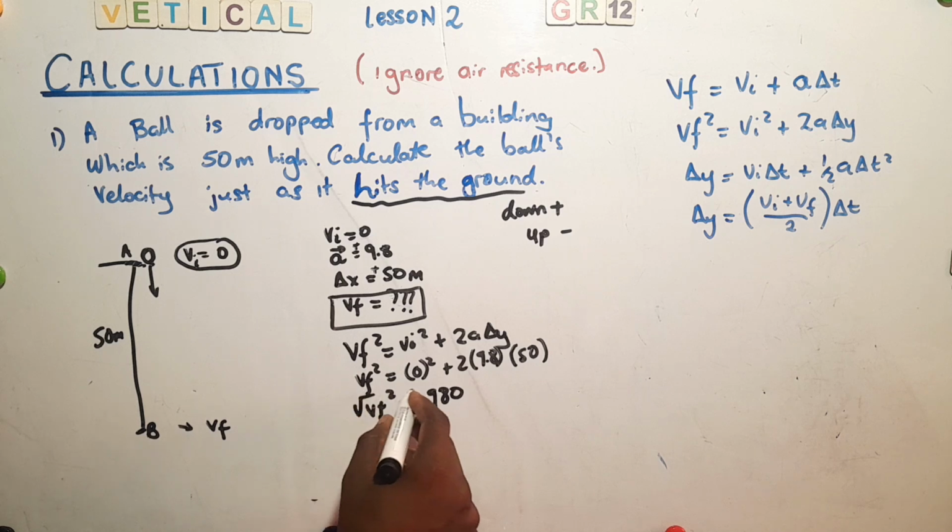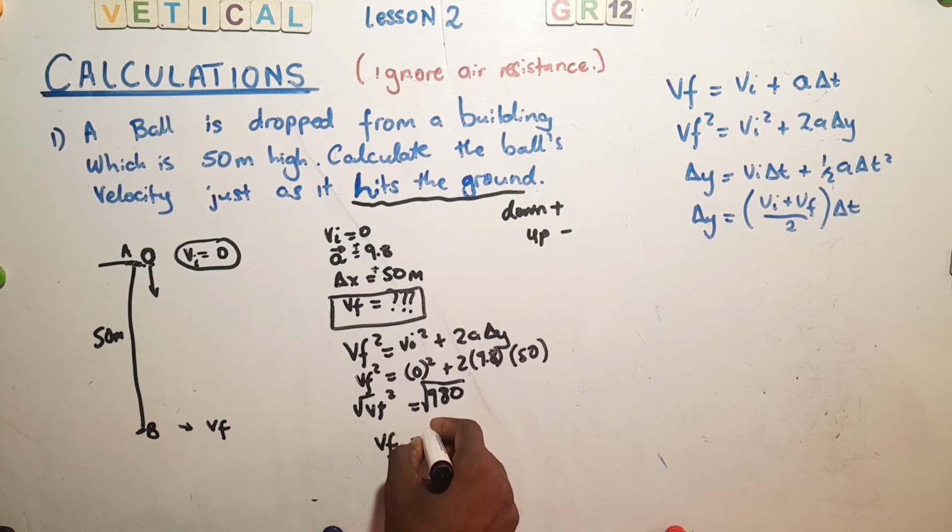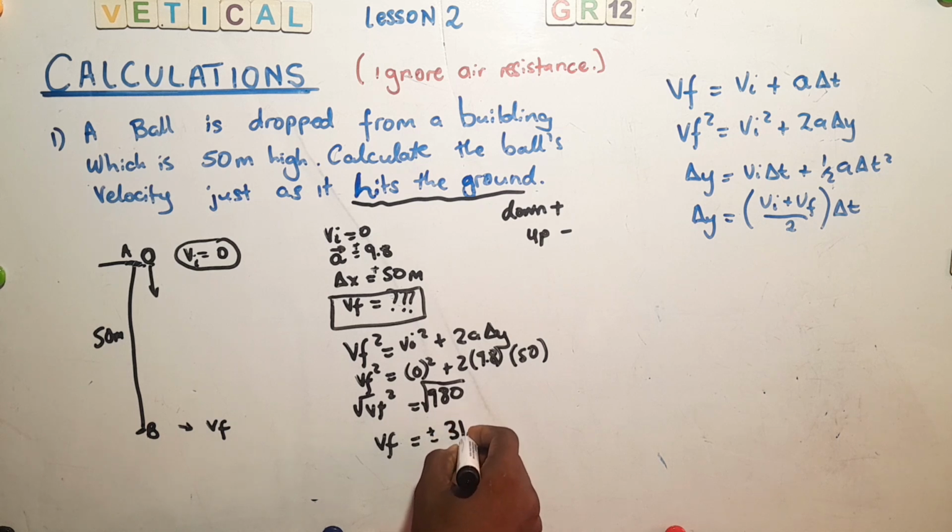980, and we can square root both sides. So now our final velocity will be the square root of that, you can use a calculator. So we find that it is plus or minus 31.30, right?